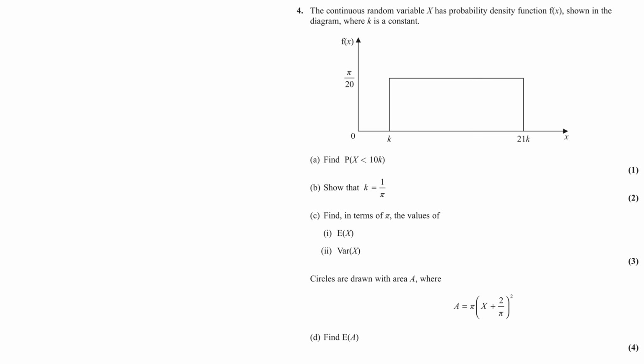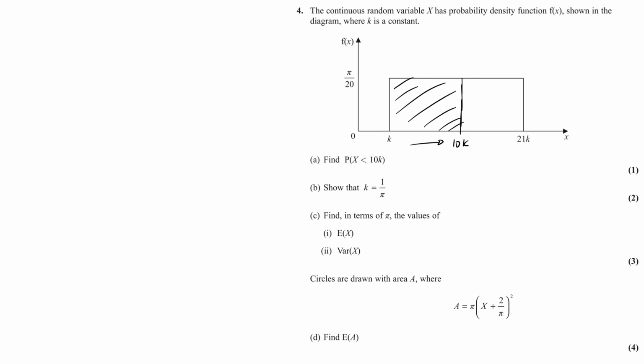Now then, we have a continuous random variable with the probability density function shown here. Find the probability that x is less than 10k. If you think of this, I'm going to put it on the diagram, it's basically going to be somewhere like that. And we want that area there, don't we?